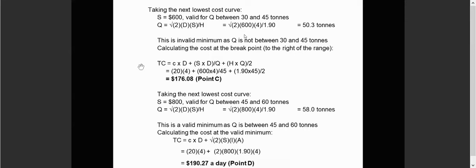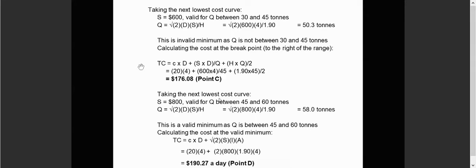Based on the data provided, we replace the Q with the maximum quantity that should be ordered for the ordering cost of 600. So we replace Q with 45 tons, and we get the point C at total cost of 176.08.